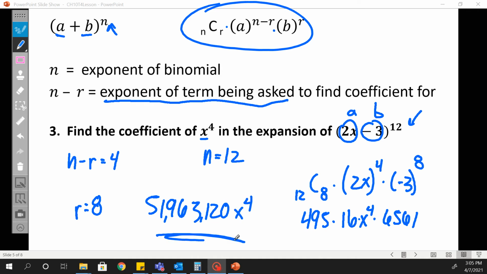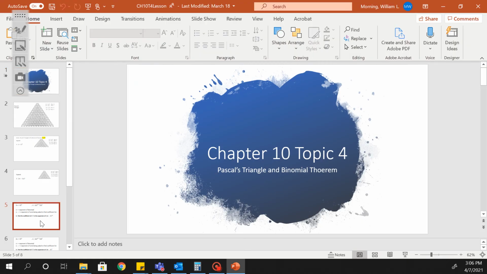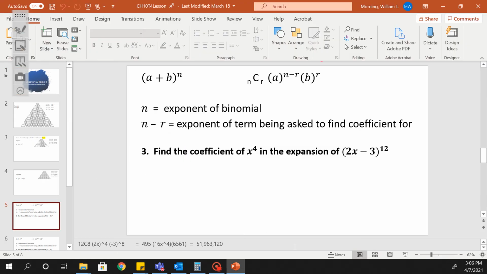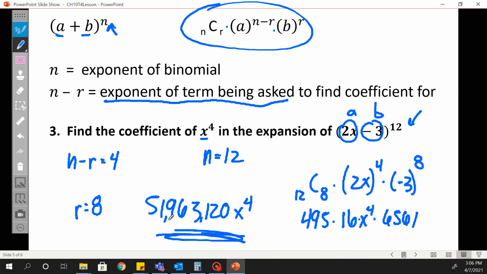So the coefficient of this term is 51,963,120. Okay, the actual term itself is this number x to the fourth, but the coefficient of that is just the number in front.